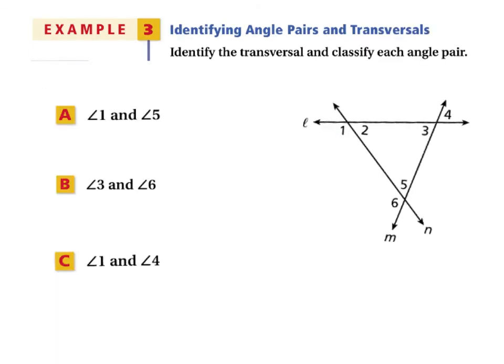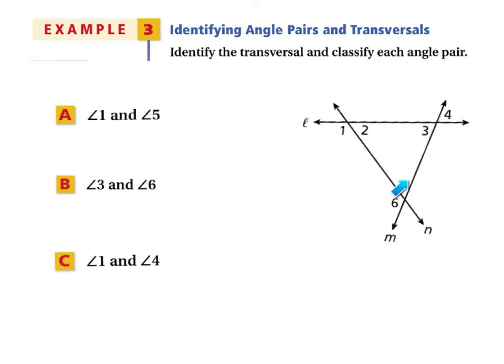In our last example, I want you to identify the transversal and classify each pair. So here's what we're going to do. In A, you are given two angles, angle 1 and angle 5. So here's angle 1, here's angle 5.